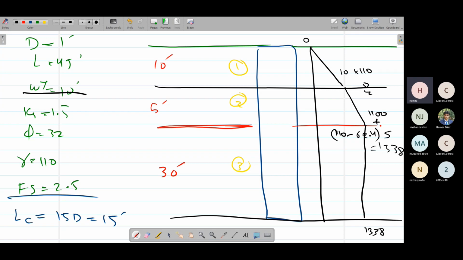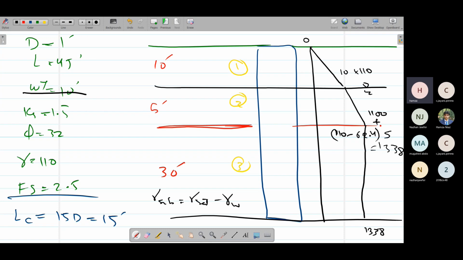After the water table, we have to subtract gamma W: gamma submerged is equal to gamma saturated minus gamma W. So from gamma saturated, that is 110, we subtract gamma W, that is 62.4 in FPS, multiplied by 5, and add the previous overburden to get this layer's overburden. Because this is the critical depth, after this depth the overburden value becomes constant.